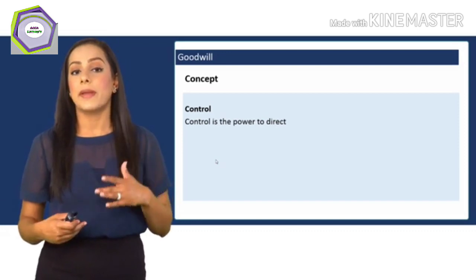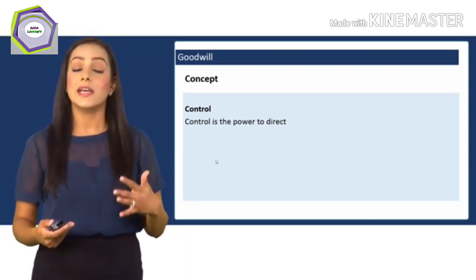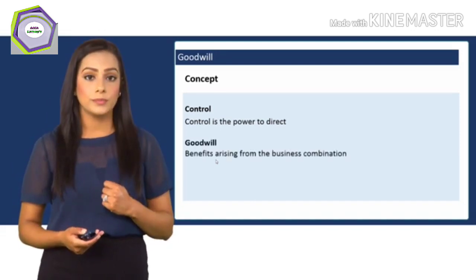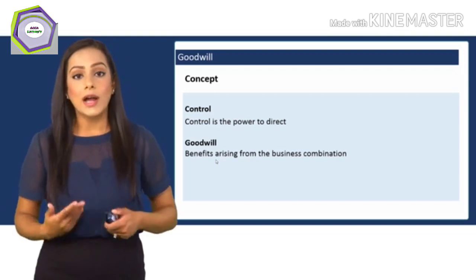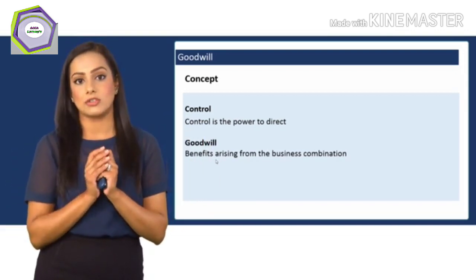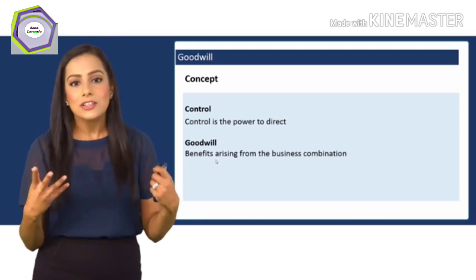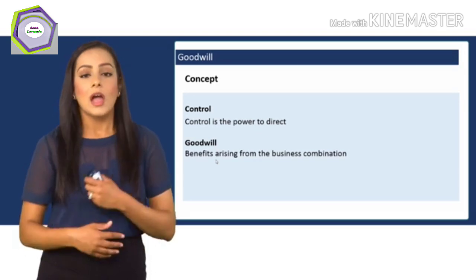Control means that the parent has power to direct the subsidiary. It tells the subsidiary what to do. So therefore, goodwill is an asset that arises from this business combination between the parent and the subsidiary. It represents the extra that the parent is going to benefit from.